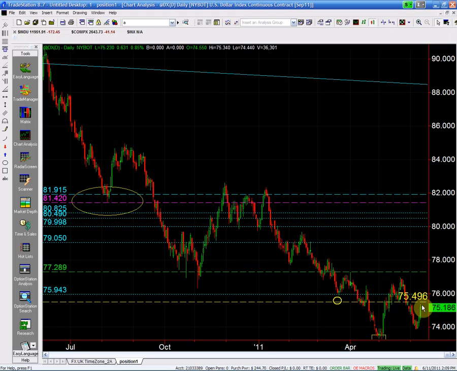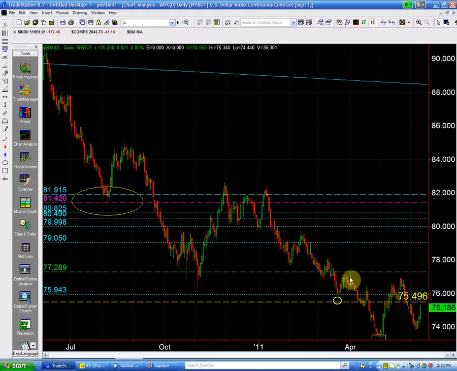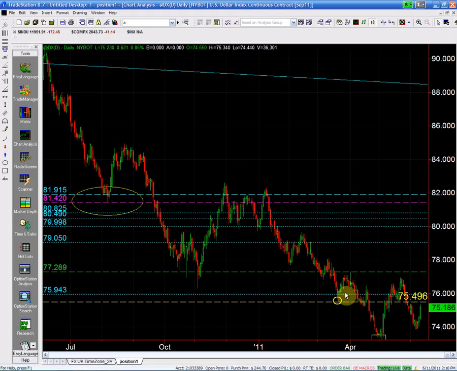Okay, let me pause it for a second. This is to make sure that we're not getting a head fake, or being pulled in the wrong direction. If we trade above the 75.49, the next significant point, not a structure point, is around the 75.95 area.